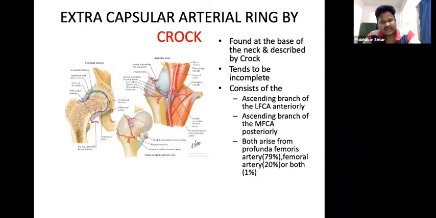Then the extracapsular arterial ring of Krog. It is contributed by the ascending branch of lateral femoral circumflex and the ascending branch of medial femoral circumflex artery posteriorly. Both arise from, as I already told, the profunda femoris or femoral artery or both. From the profunda femoris it contributes 79%, from the femoral artery 20%, and both 1%.